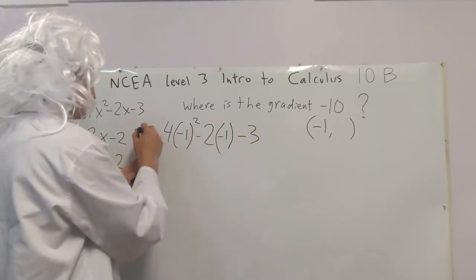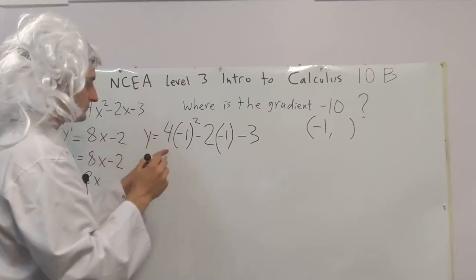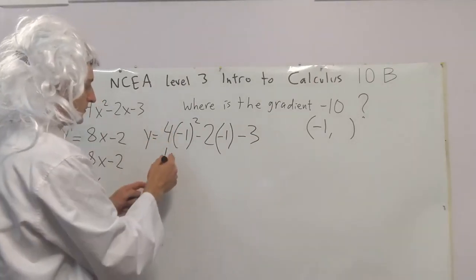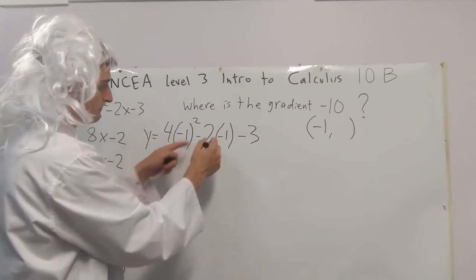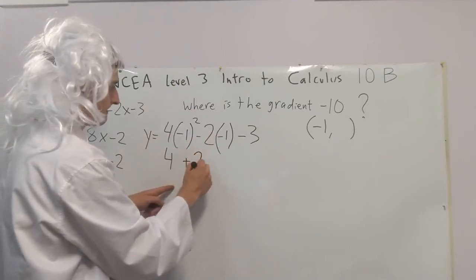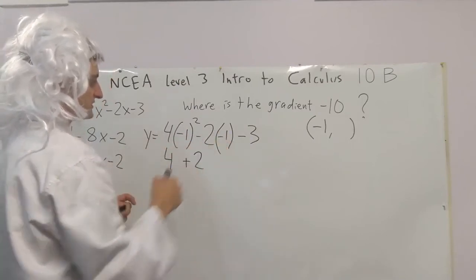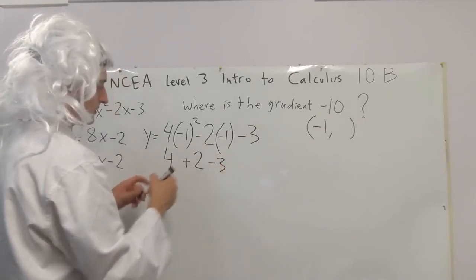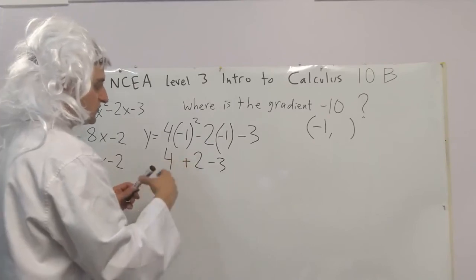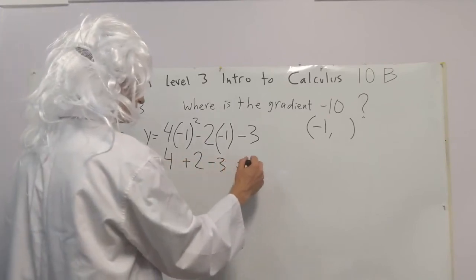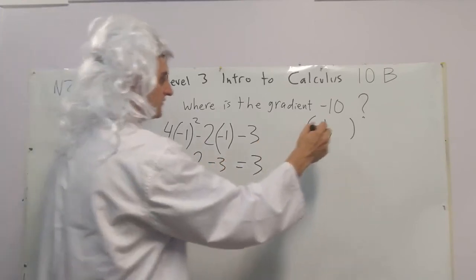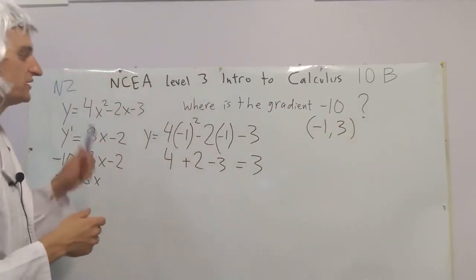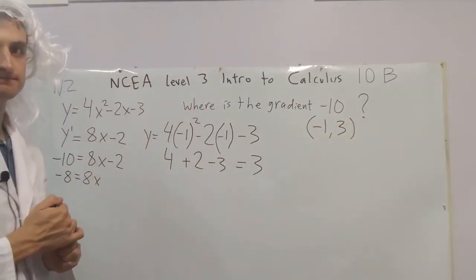And this is what our y is. This becomes 4 times 1, which is 4, plus 2. -2 times -1 is 2, minus 3. 4 plus 2 minus 3 equals 3. -1, 3. That is where our gradient is -10.